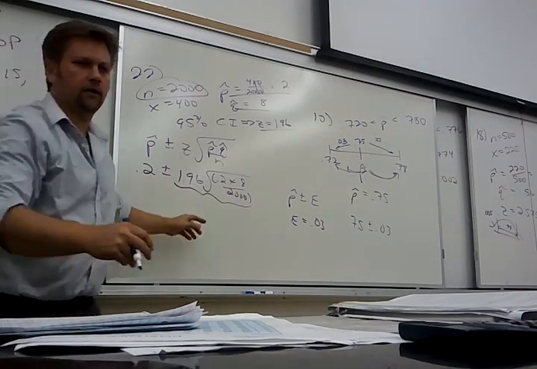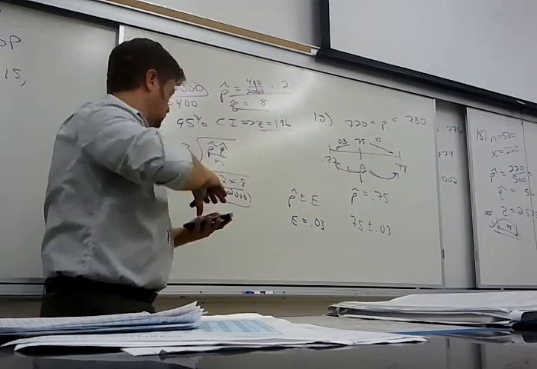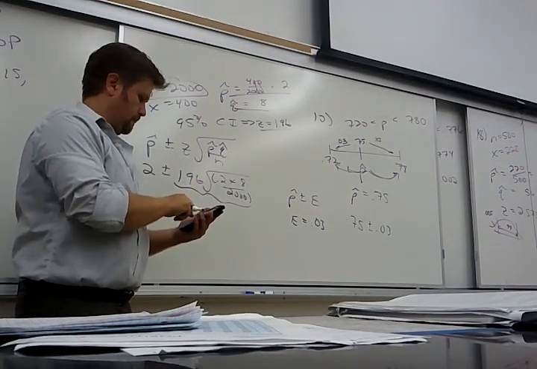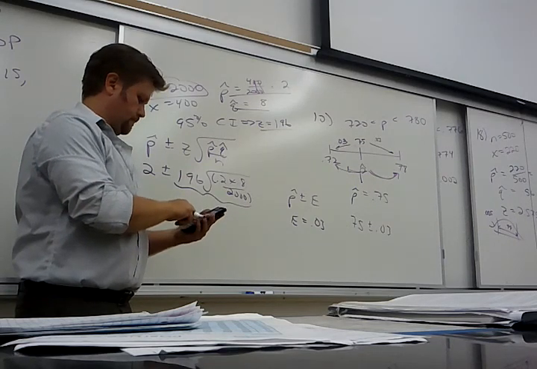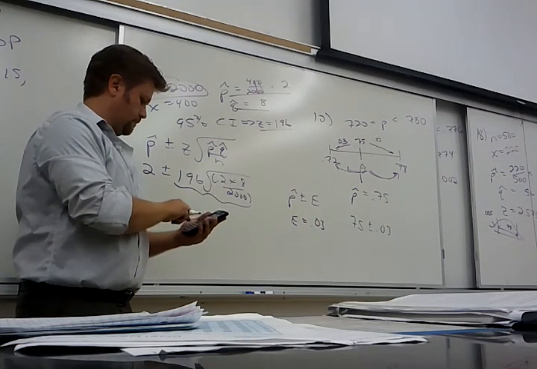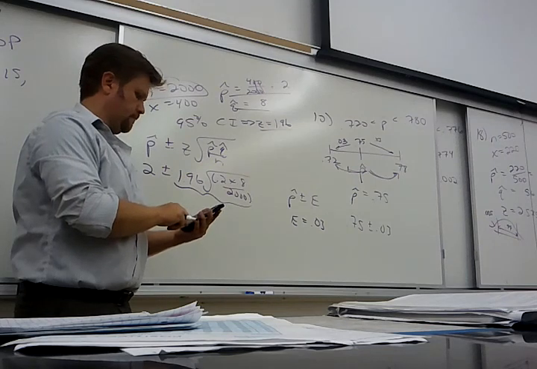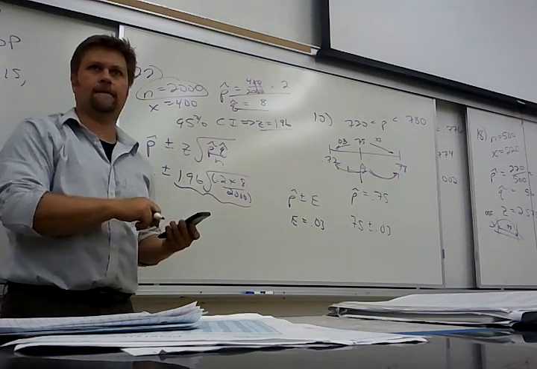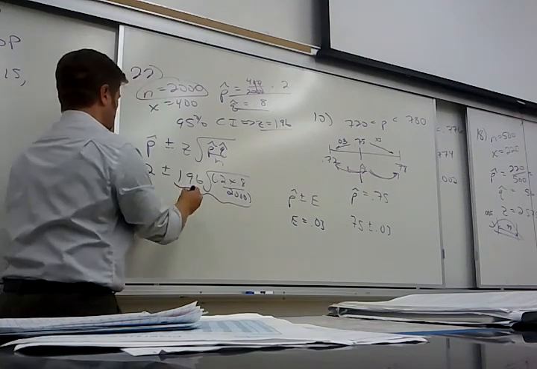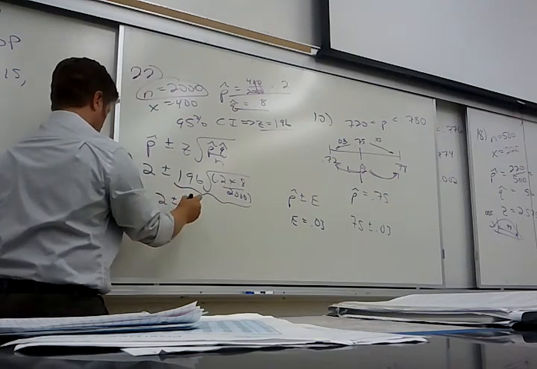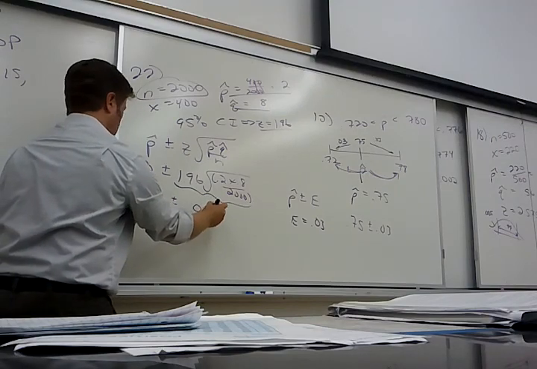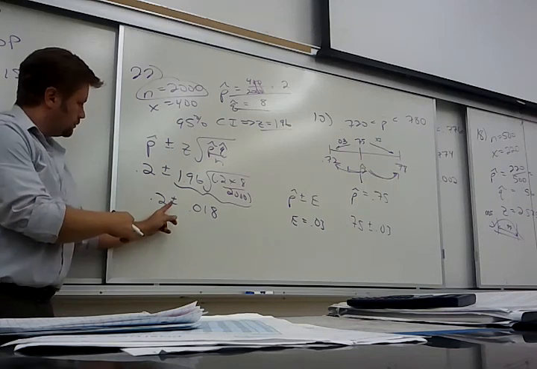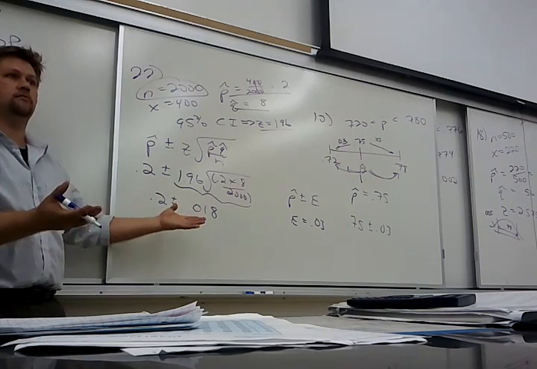So see what error we get. Cool. 0.018. I love it. And I just have to do 0.2 minus this and 0.2 plus that, right?